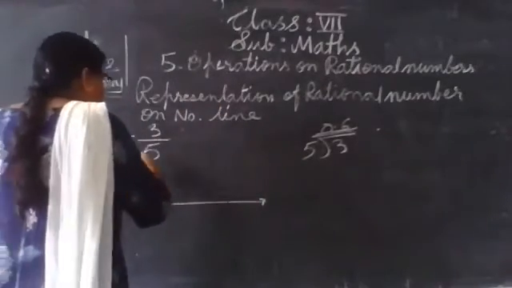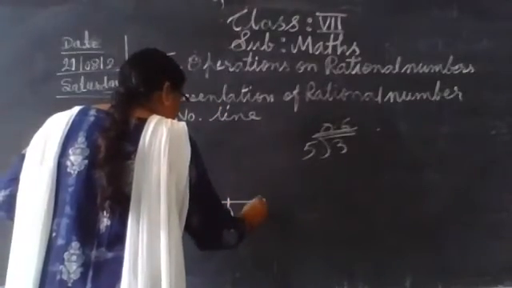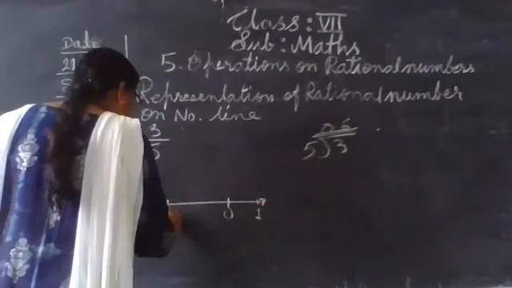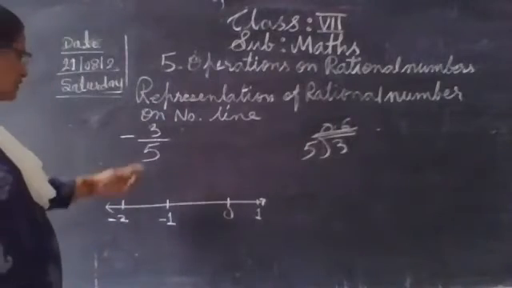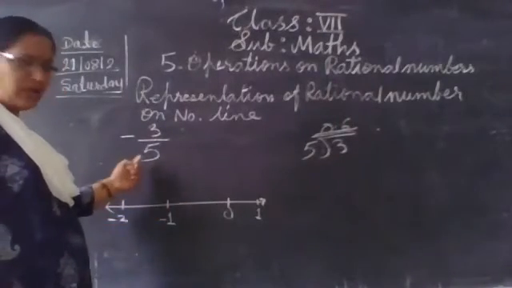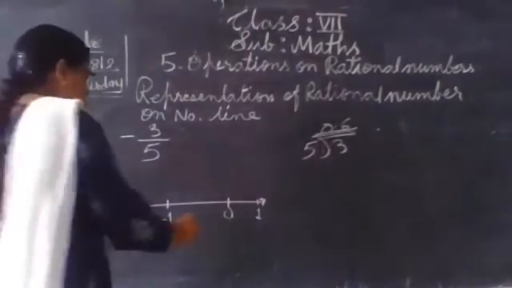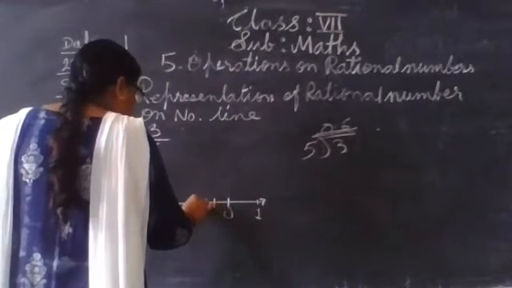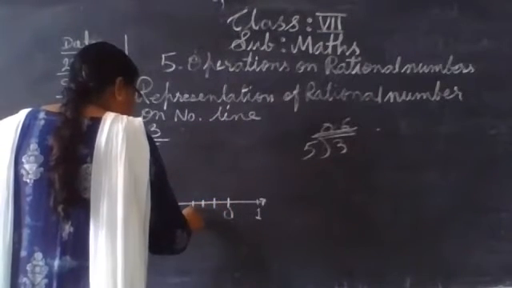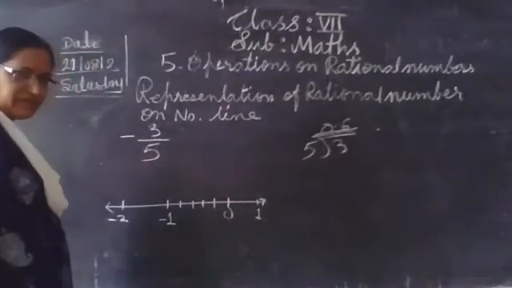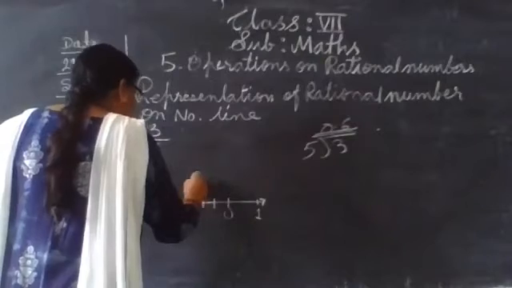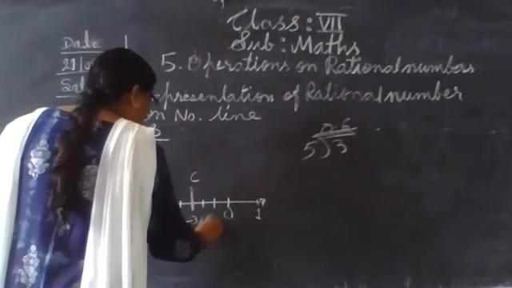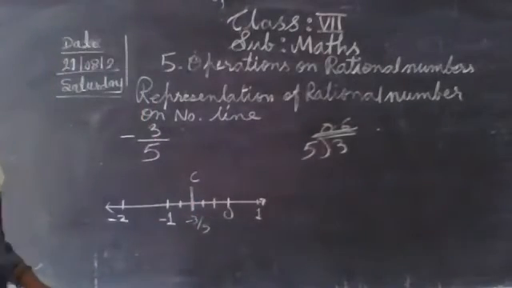So children, we need only the negative part. 0. Here is positive 1. Here is -1, -2. So between 0 and -1, you have to make 5 equal parts. 1, 2, 3, 4, and this one is 5. 3 parts, 1, 2, 3. So it is the point C where -3/5 lies. Got it, children?